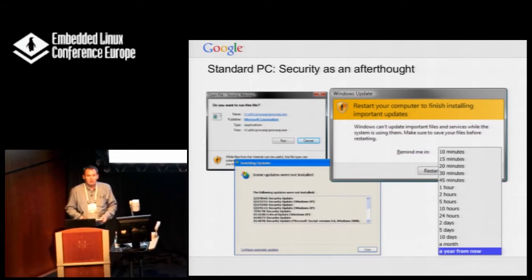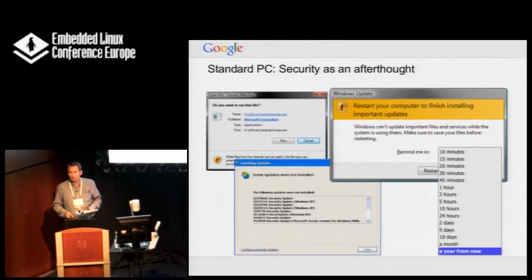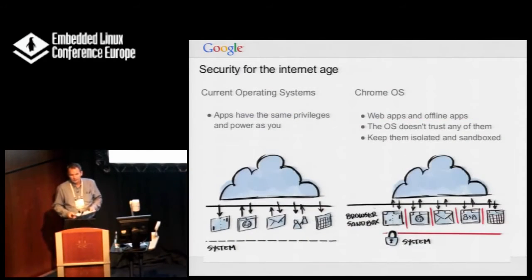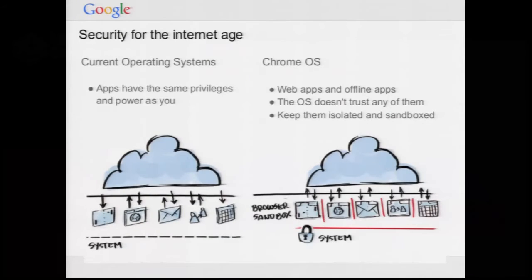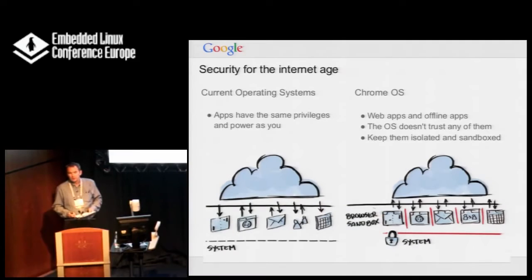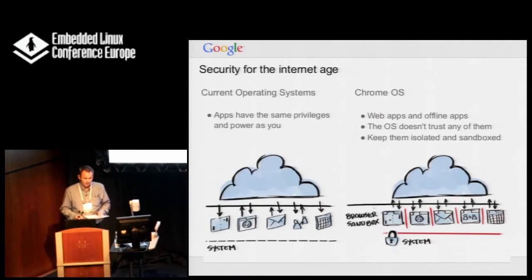Now, an interesting thing about Chrome OS is that the security was built in from the start. It was not put in afterwards. And the idea with the security model is essentially that we don't trust any of the applications. Even Chrome, the web browser, we don't trust that. Everything runs in a sandbox, and the OS keeps everything isolated.